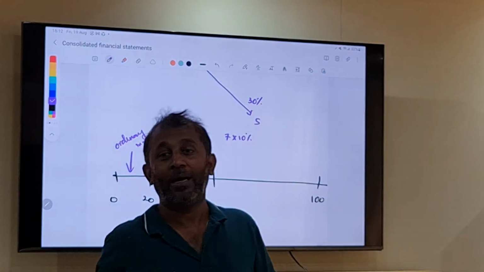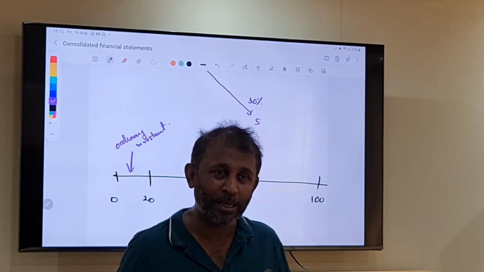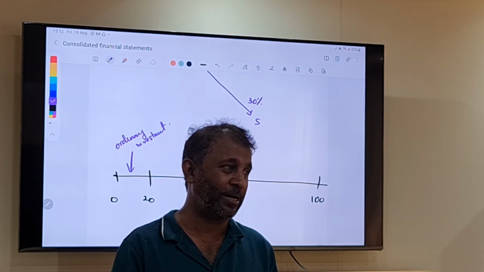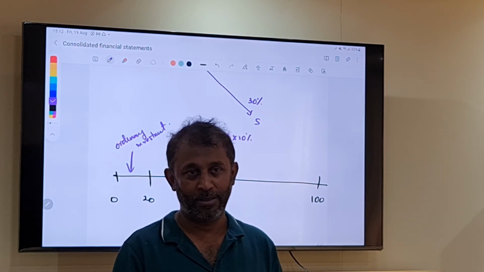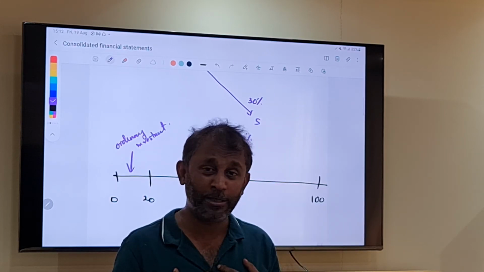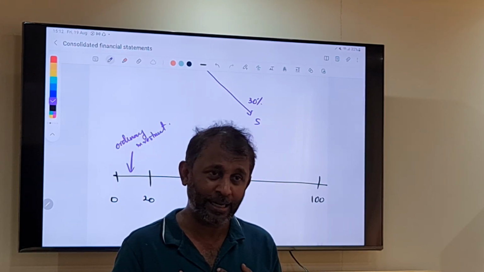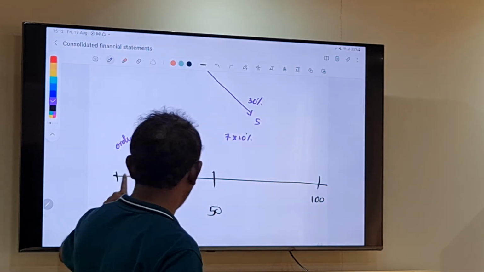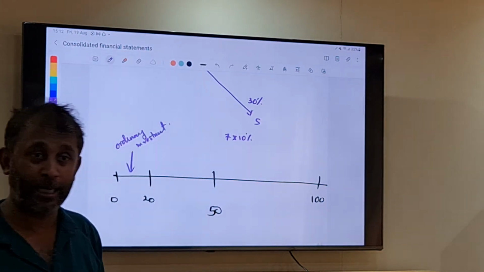Like, let's say, Qatar Airways. I purchased, let's say, 1,000 shares. How will I be named in the Qatar Airways books? I am a shareholder, correct? My ownership percentage falls between 0 and 20.